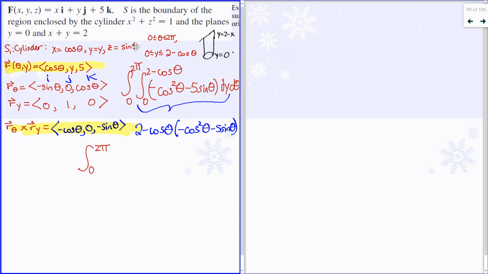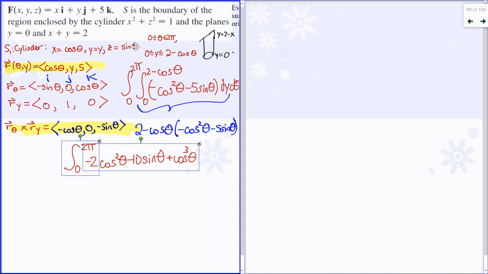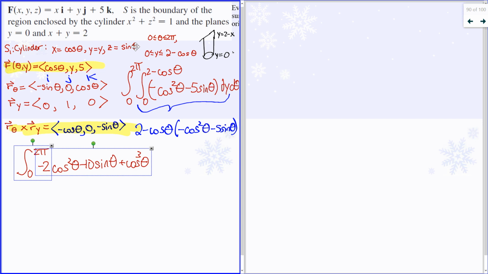I'll go ahead and multiply all that out. I'll get negative 2 cosine squared theta, negative 10 sine theta, plus cosine cubed theta, plus 5 sine theta cosine theta, d theta.